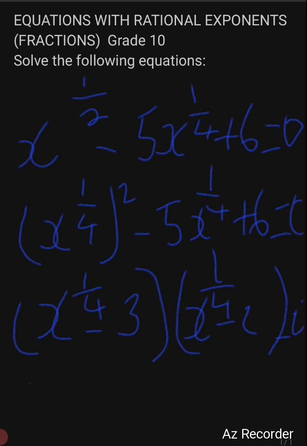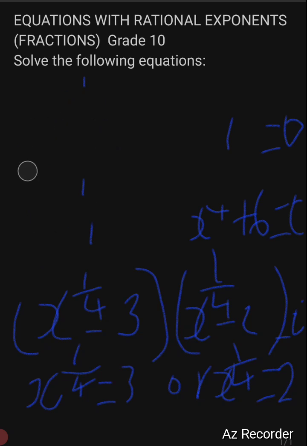So what are we going to do? We're going to say x to the power of 1 over 4 is equal to 3, or x to the power of 1 over 4 is equal to 2. So that's what we are going to have. The aim is to make x the subject of the formula.